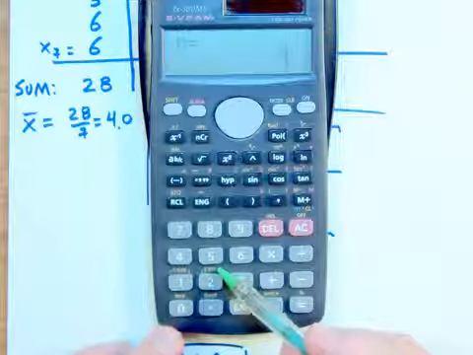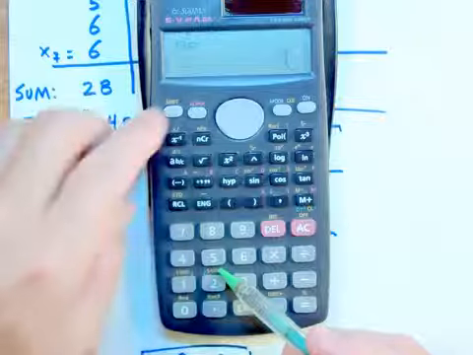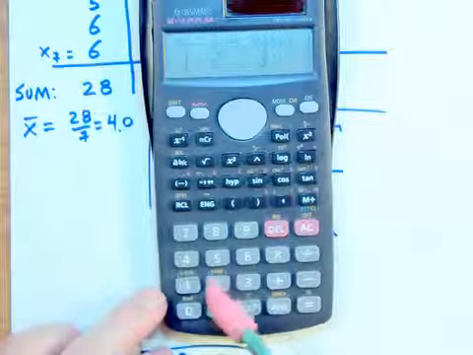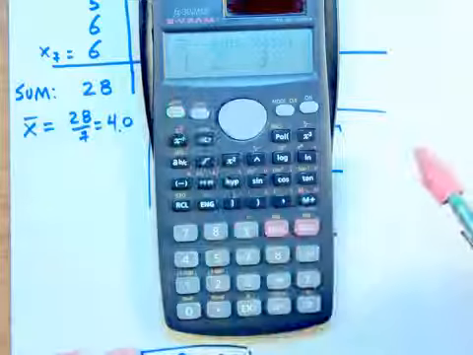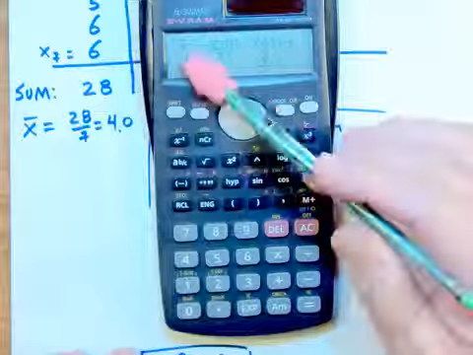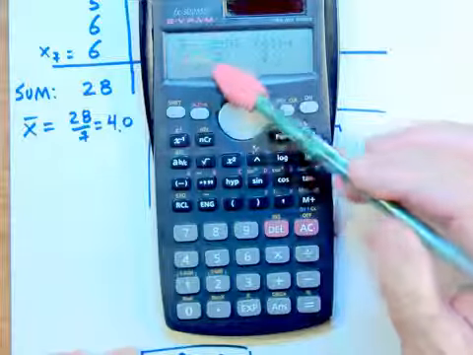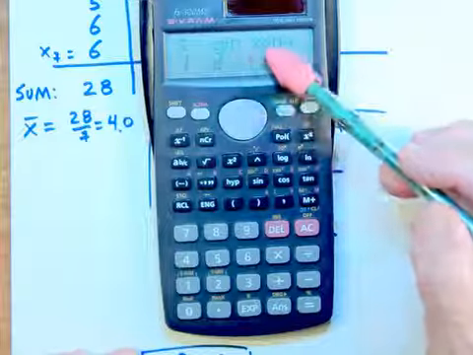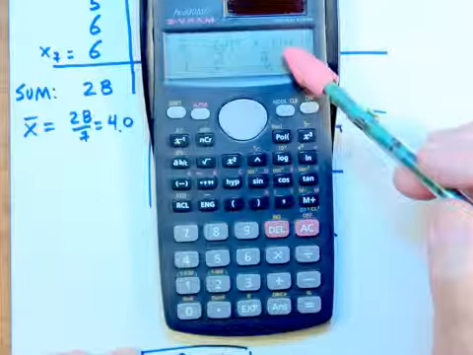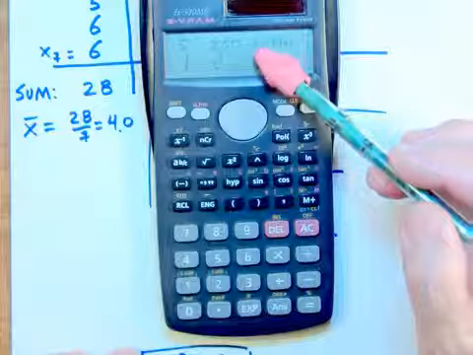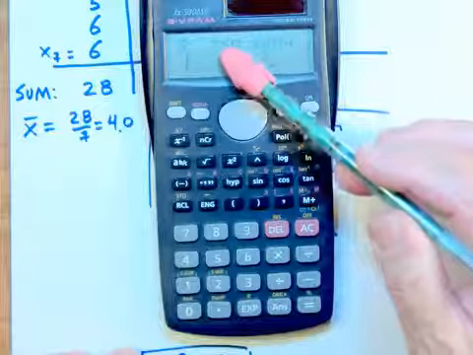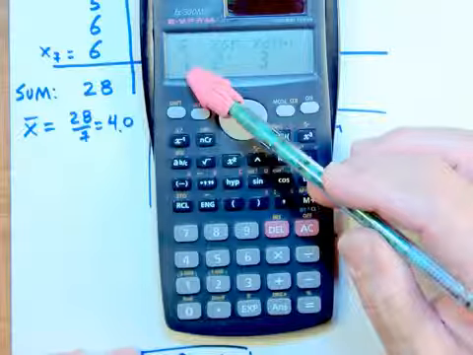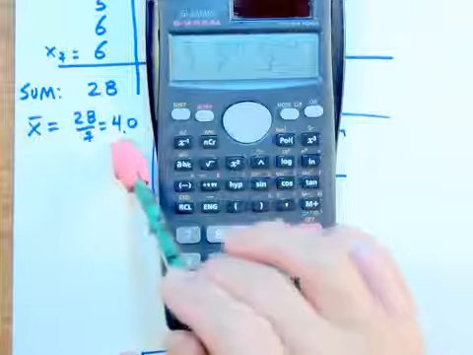It's a yellow key, that means we have to press Shift first and then press 2, and you see the choices you have. If you press 1, it should give you the x bar, the mean. If you press 2, it should give you this. Compare that with the third. This n-1 tells you this is your sample standard deviation. This is your population. We don't want this. So let's first press 1 just to see if we do indeed get the sample mean of 4.